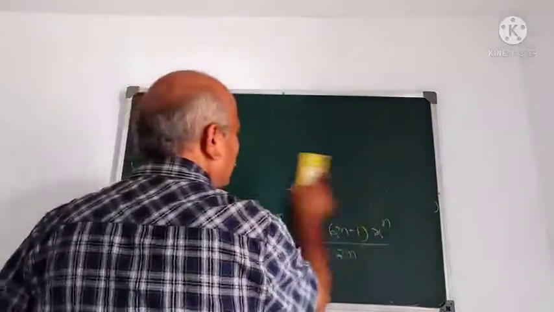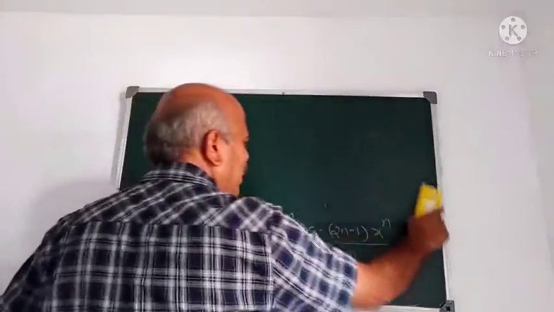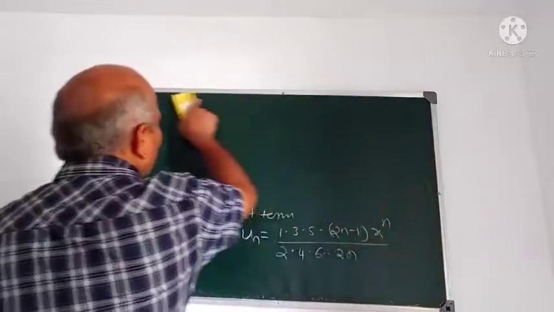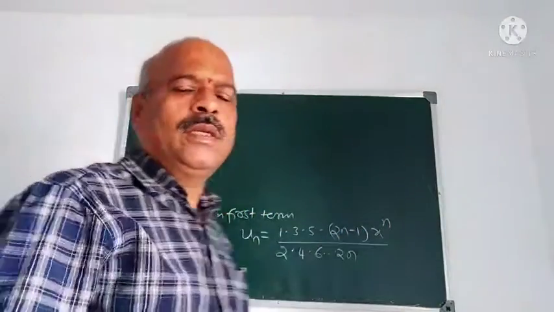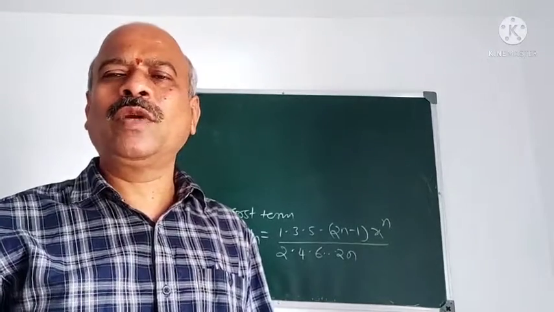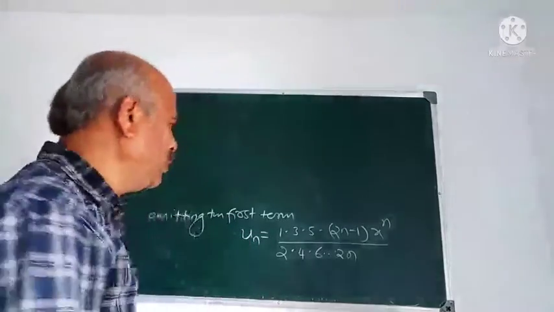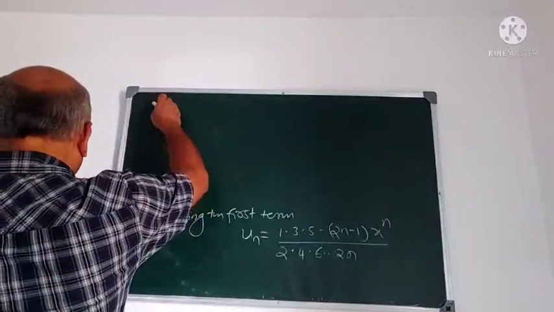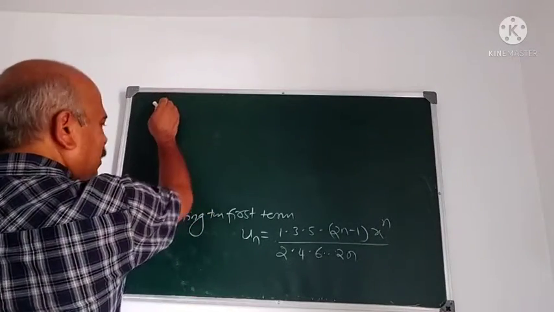See, while generalizing, we have omitted the first term. We can do so because the convergence or divergence is unaffected when we leave some terms or add some terms. Now we first apply D'Alembert's ratio test.